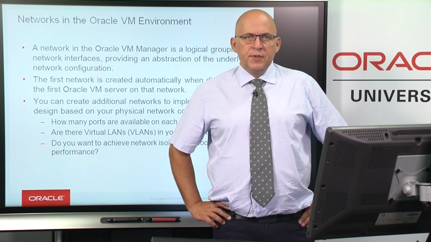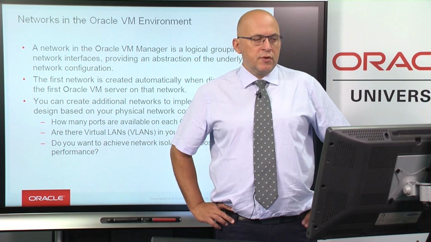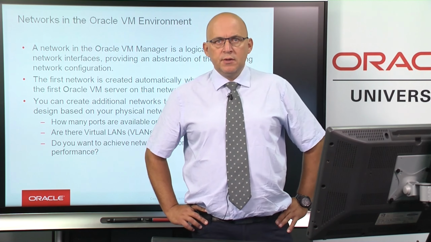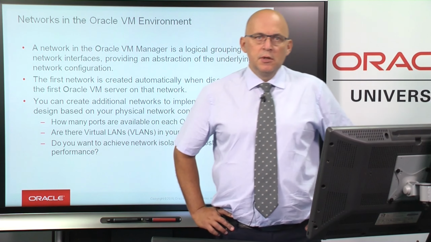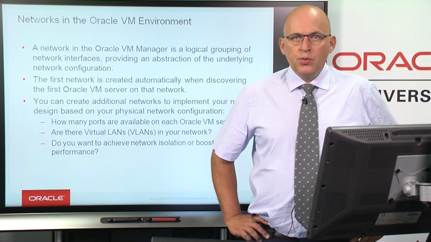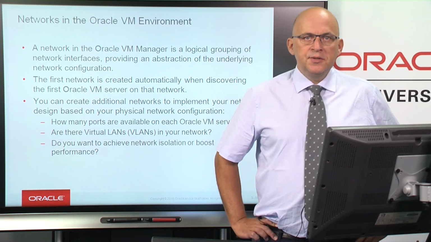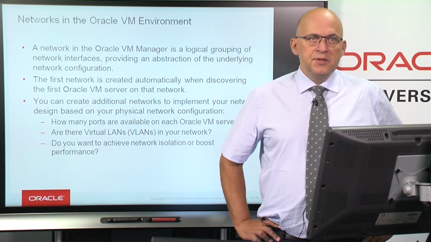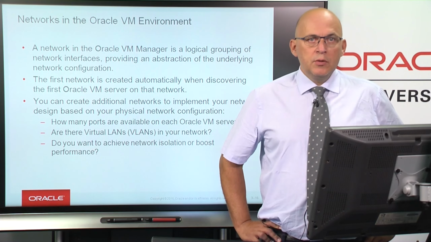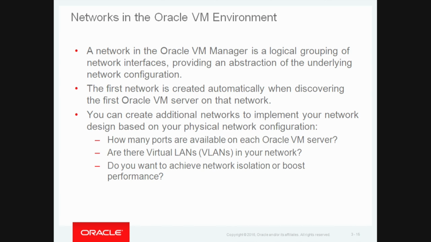In any case, whenever you are working with the Oracle VM Manager, you will see that it needs networks, and a network can be seen as a logical grouping of several networking interfaces. It can be just one interface or several network interfaces that have to provide a certain functionality.